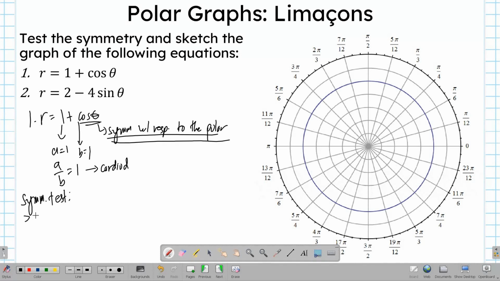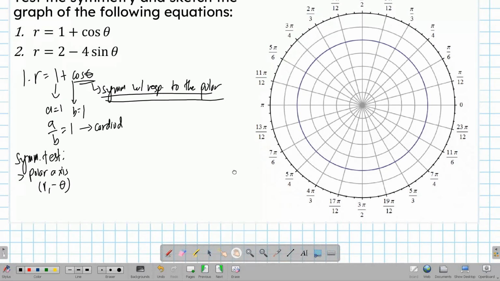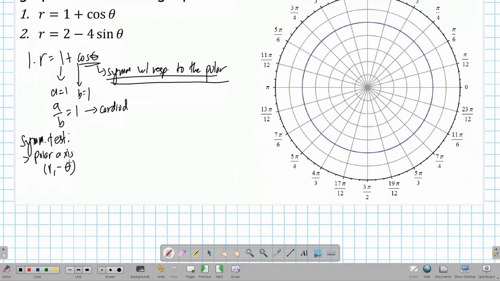The first thing to do is check if it's symmetric with respect to the polar axis. We replace r, theta with r, negative theta. So r is equal to 1 plus cosine of negative theta.